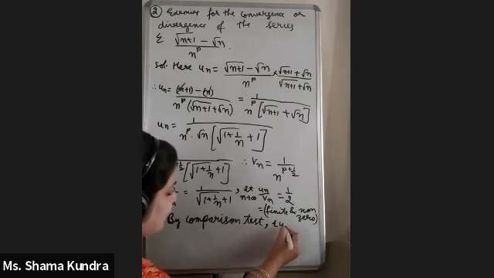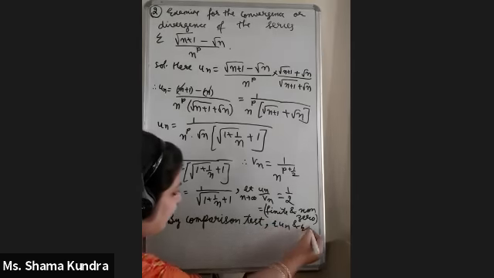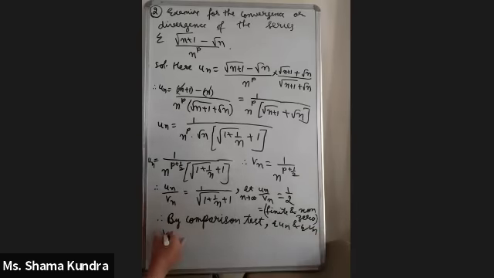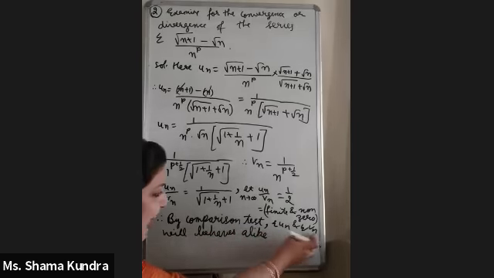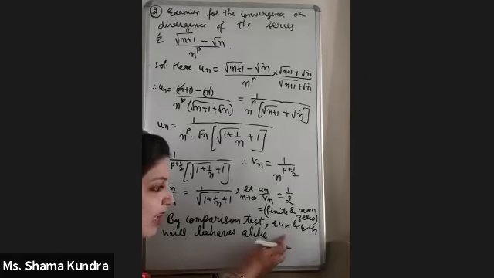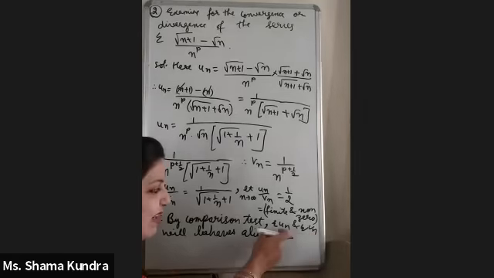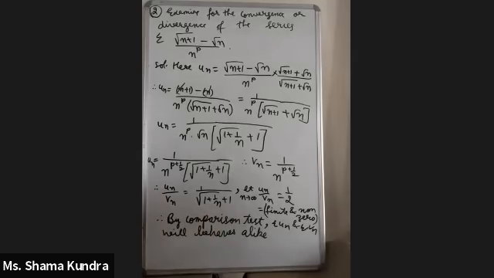Series un and series vn will behave alike. Behaves alike means if vn is convergent, un is also convergent. If vn is divergent, un is also divergent.